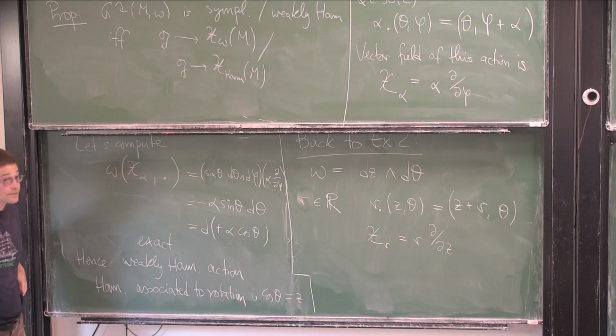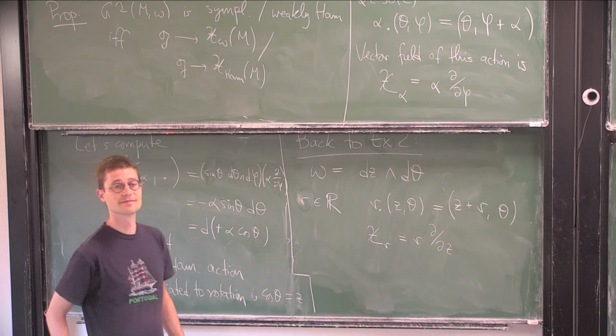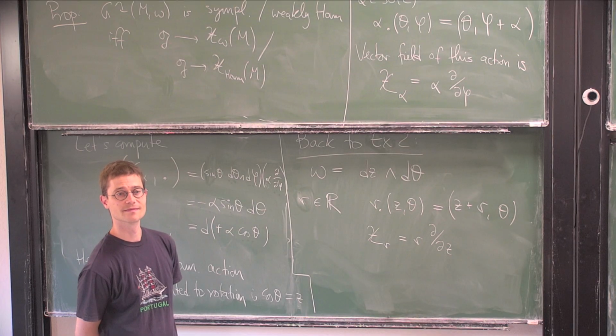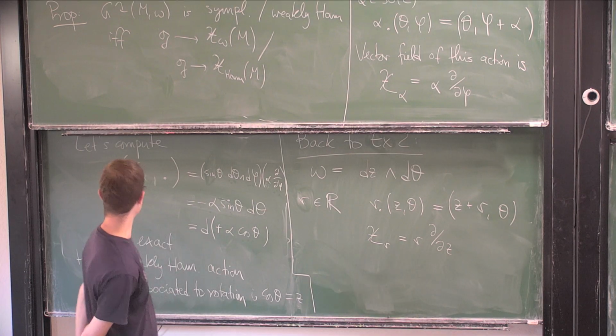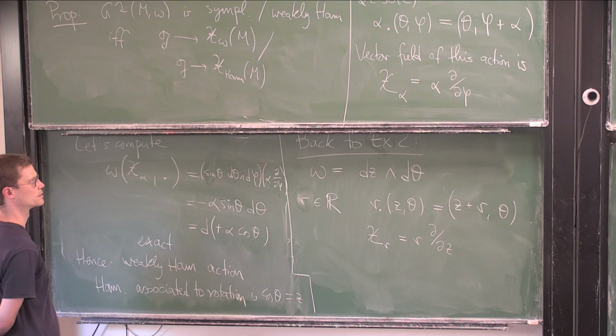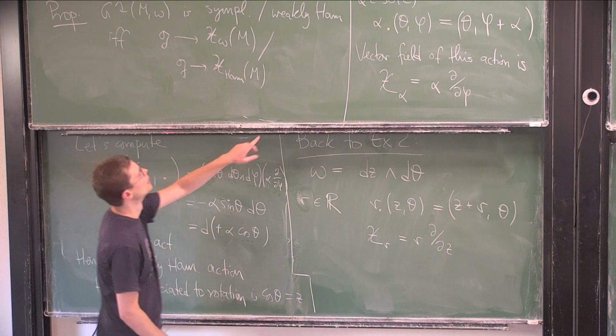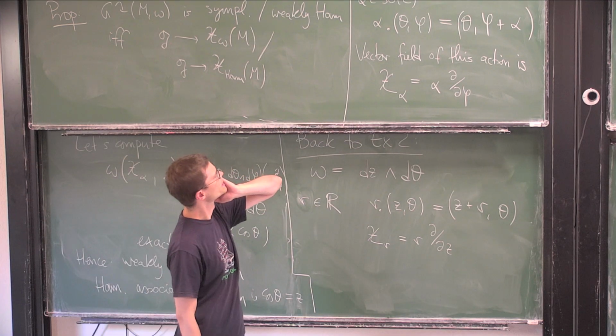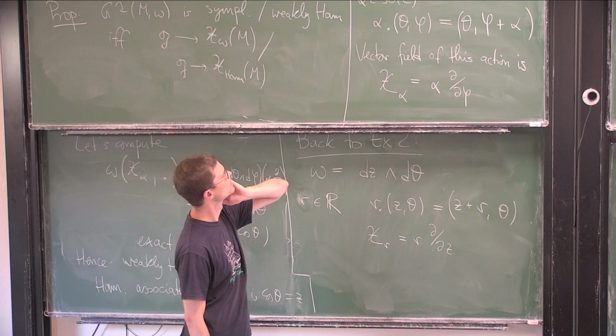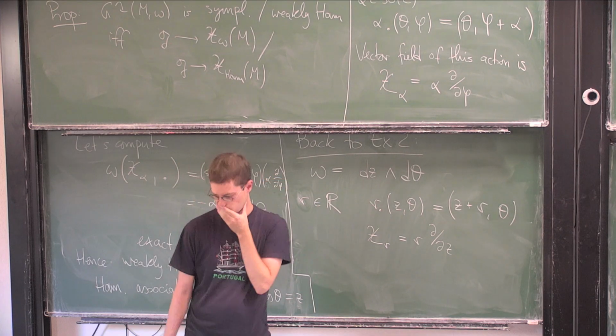Can I ask a quick question? Yes. Already in the example before, would we have said that the area form was exact? The area form was exact? No. We wouldn't have said it's like d of cos theta d phi. But I think it cannot be exact. Let's see.